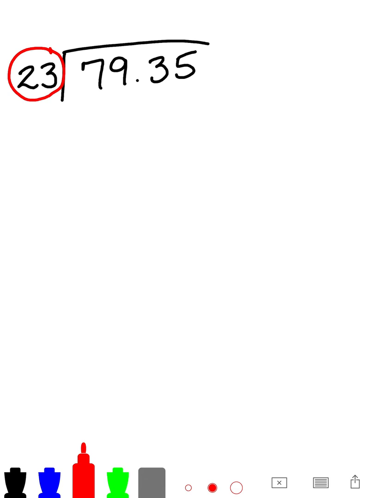Okay, it's a 2-digit divisor. So what we have to do, instead of creating a count by box, we're going to create a running total. So all that means is I'm going to take 23 and I'm going to keep adding it until I get, I might do it like 5 or 6 times, okay?